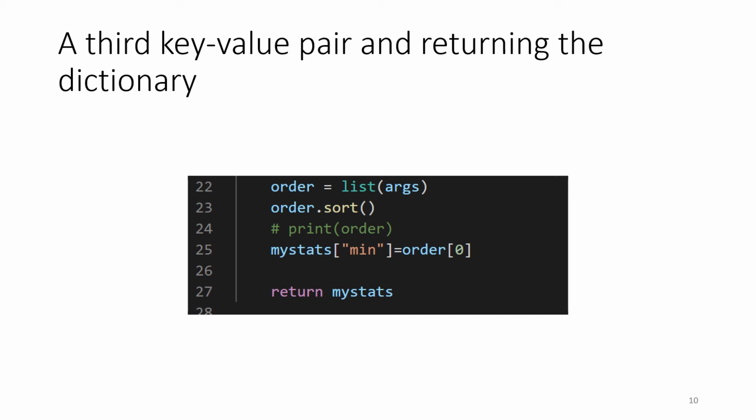So we're setting up our key value pair in 25. The key is min, and the value is order with an index of 0, which should be the lowest value. And then in 27, we're going to say we're done with our statistical function. We have our 3 key value pairs, and we are returning our dictionary.